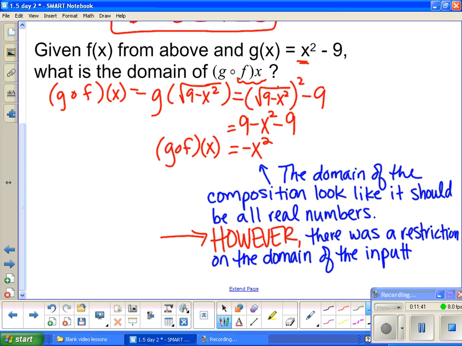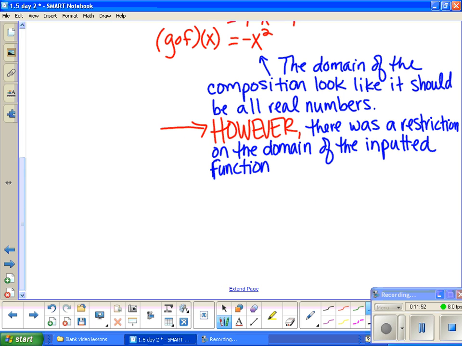In other words, there was a restriction on f of x. So the restriction applies to the composition.